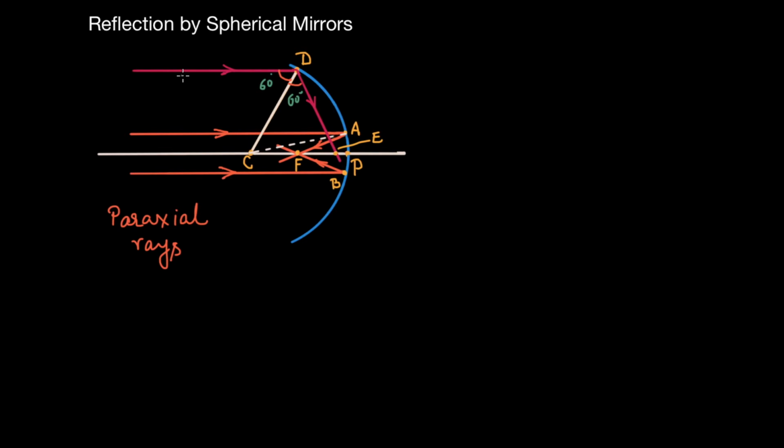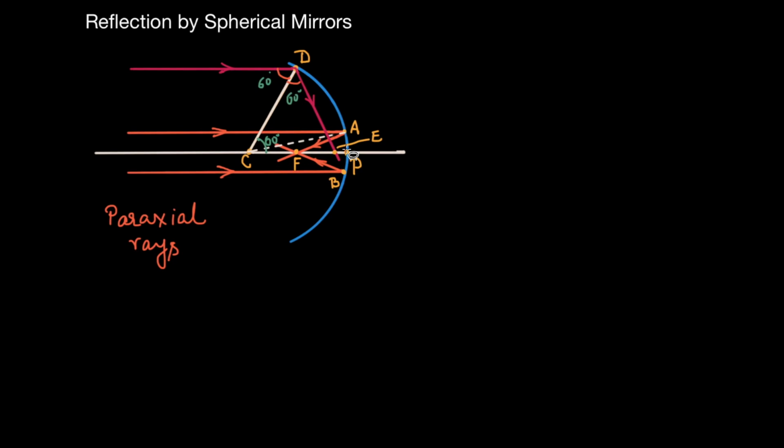And if you consider the fact this is horizontal and so is the principal axis, this angle here has got to be 60 degrees as well. So in triangle DCE, this point here being E, we have two angles that are 60 degrees.